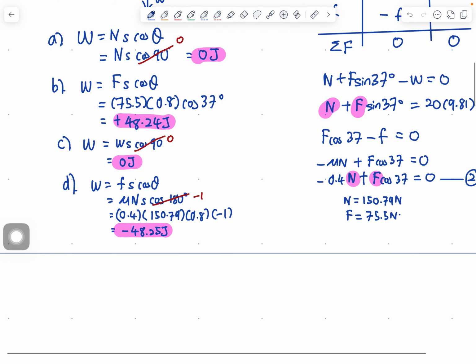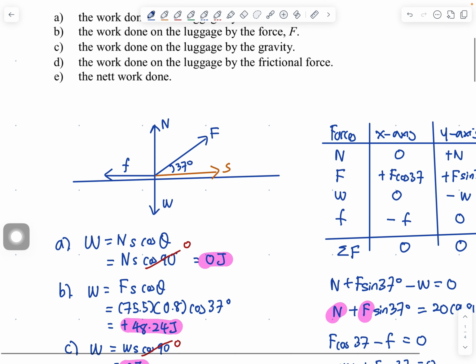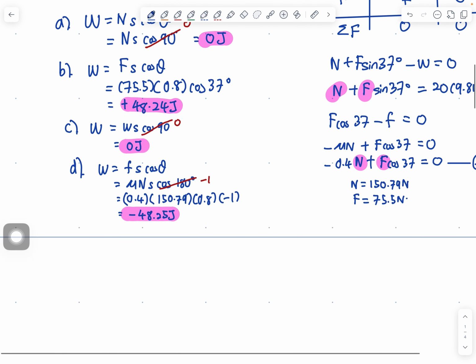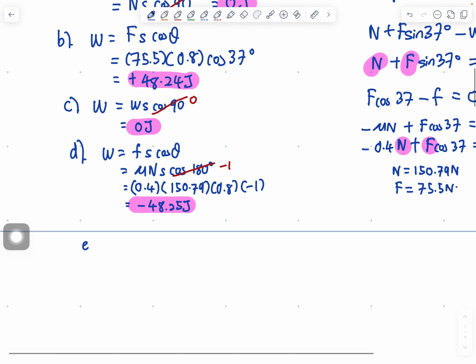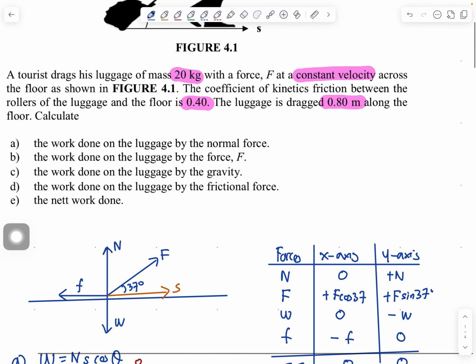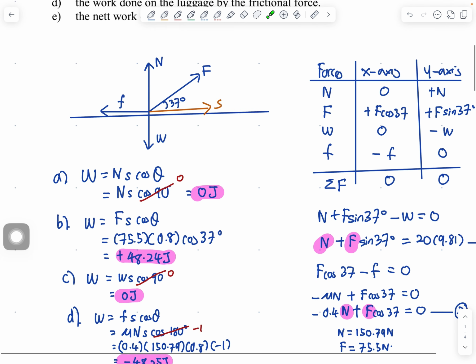Now we look at question part E, the net work done. To calculate the net work done, we can apply the work-energy theorem, which states that net work is equal to the change in kinetic energy. The question did say it is moving at a constant velocity.